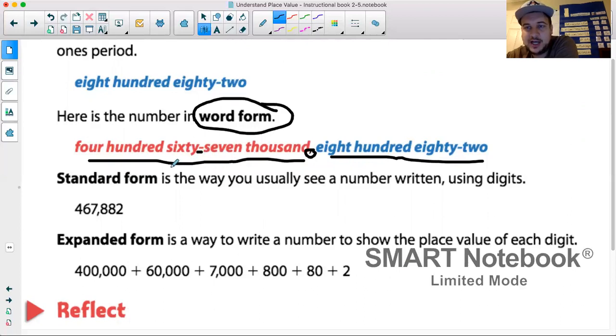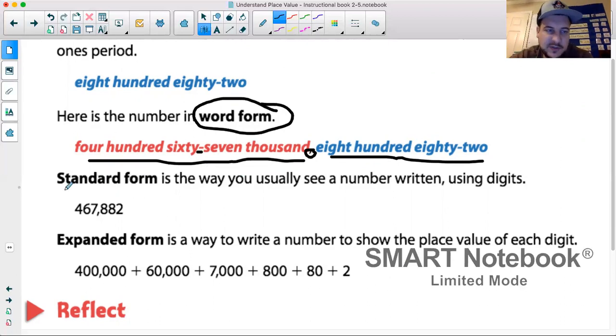But I'm not big on spelling. Spelling in math is kind of not a pet peeve of mine. So you can spell things incorrectly as long as I can tell what they mean. But get in the practice of spelling hundred and thousand correctly because you're going to use those a lot.